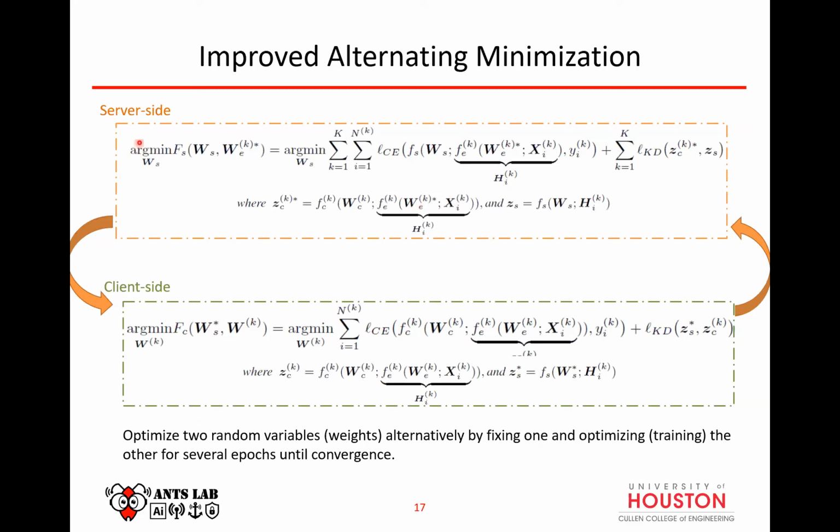On the server side, we substituted in the LKD, so the knowledge distillation loss has also been added. And our constraint not only has the hidden vector, we also include the ZS. ZS is nothing but the logits. On the client side also, we substitute it, and the constraint now also has the logits from the server and the logits from the client.